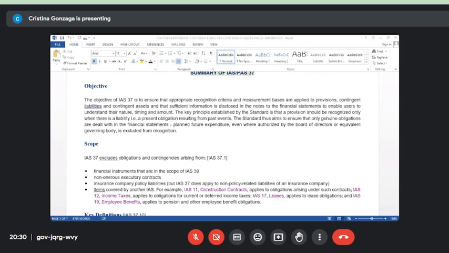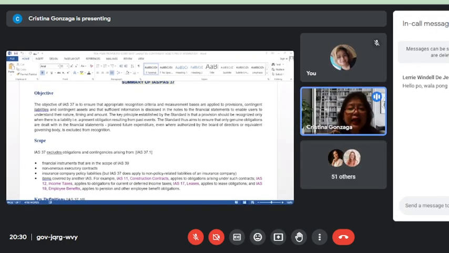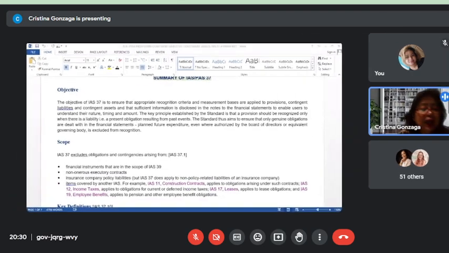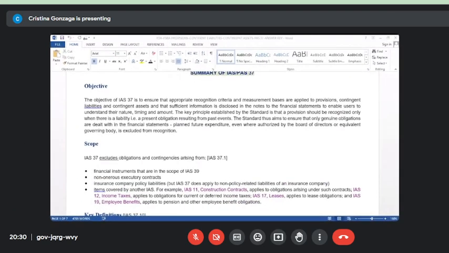It is a possible obligation that arises from the past event and whose existence will be confirmed only by the occurrence or non-occurrence of one or more uncertain future events, which is not within the control of the company or the reporting entity.